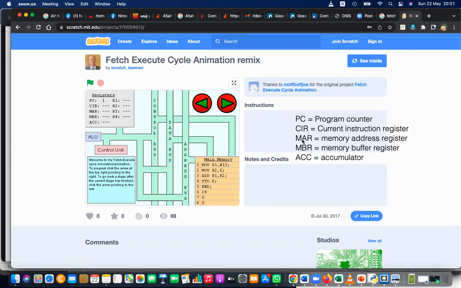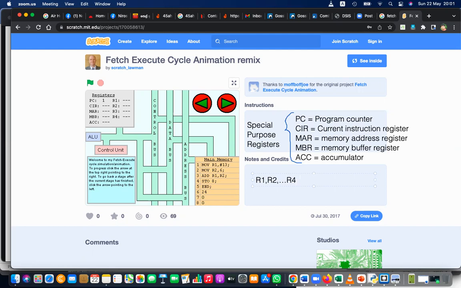Okay, so this category of registers is called special purpose registers. In addition to that, this R1, R2, Rn, or maybe R4, here you have 4.